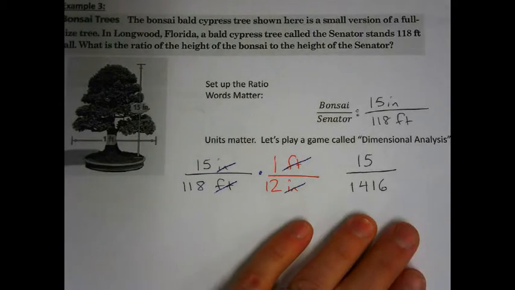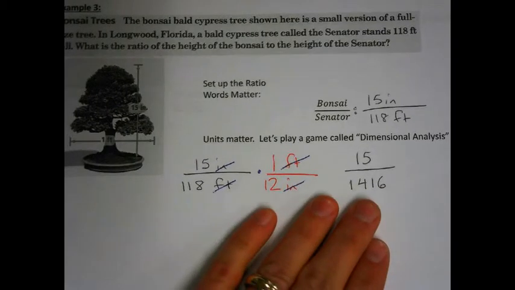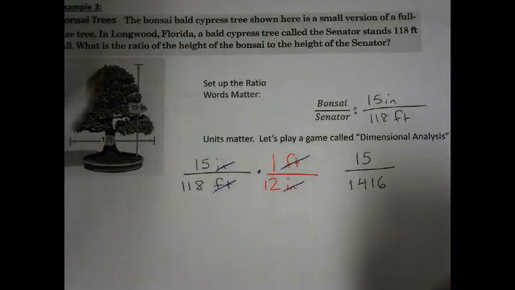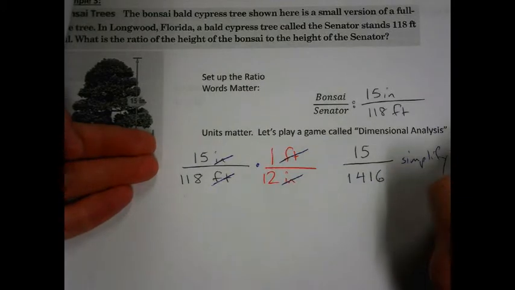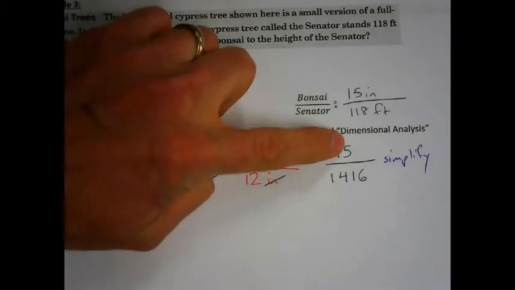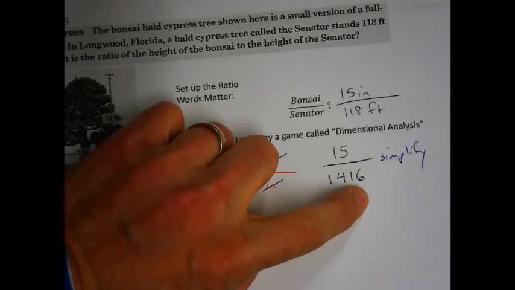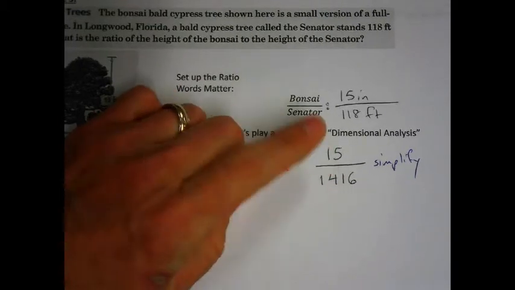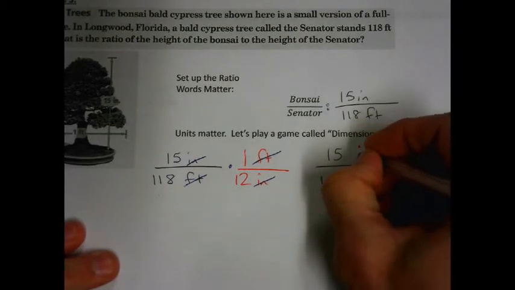Now, is this simplified? The answer is no. This is not simplified because here's a number trick. I'm going to teach you a number trick. We know that in the numerator, it is divisible by 5, and in the denominator, it is not divisible by 5. But in the numerator, this is divisible by 3. Is the denominator divisible by 3?